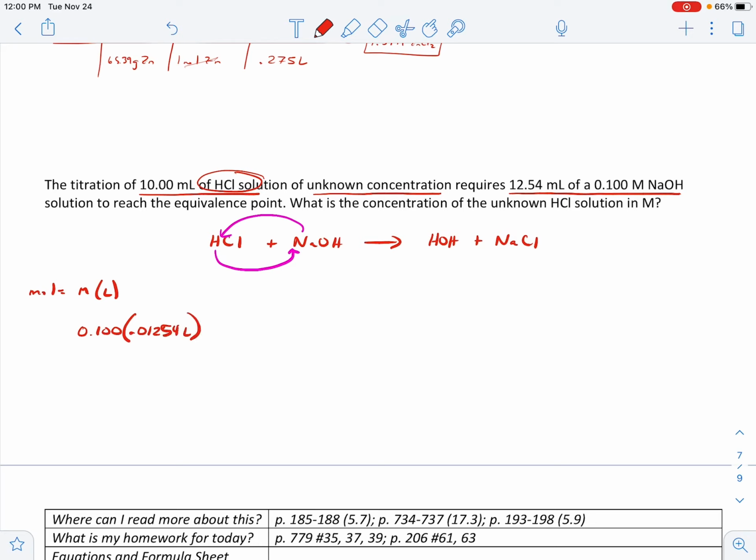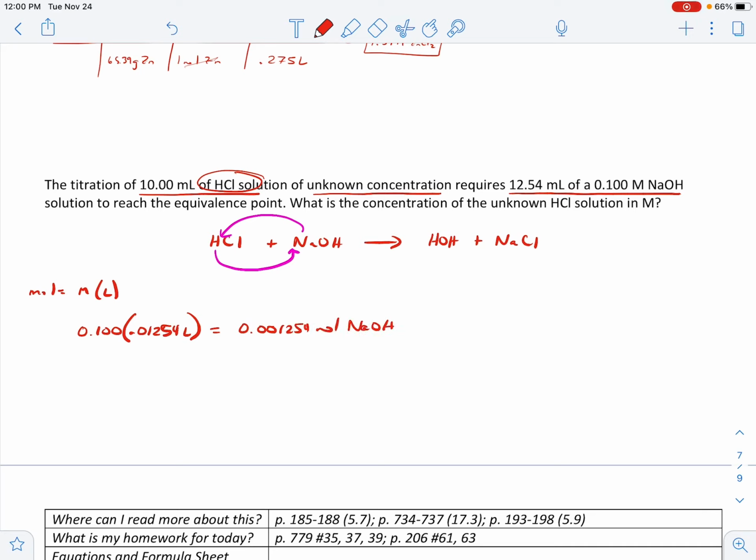Notice I just converted that to liters and we move it 3 places to the left. This will give me moles of NaOH, which is basically just going to move the decimal 1 place to the left, and we're going to get 0.001254, and that's moles of NaOH.